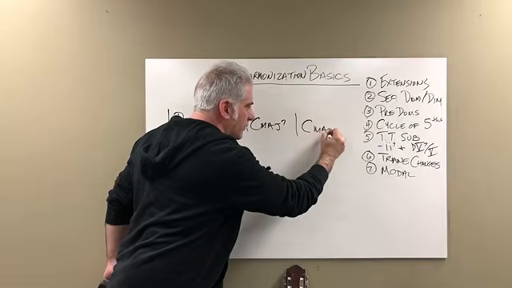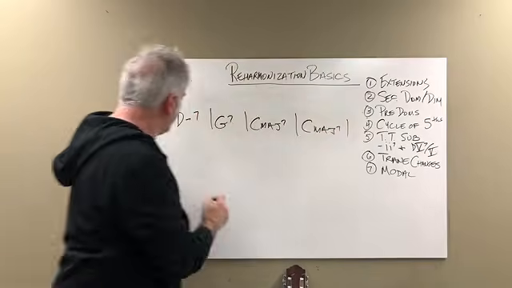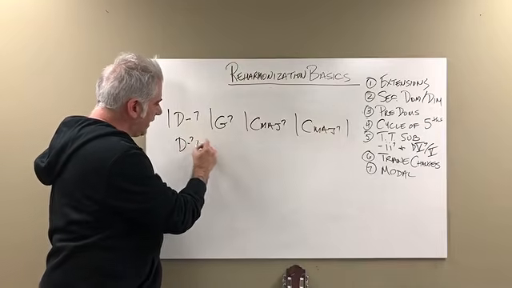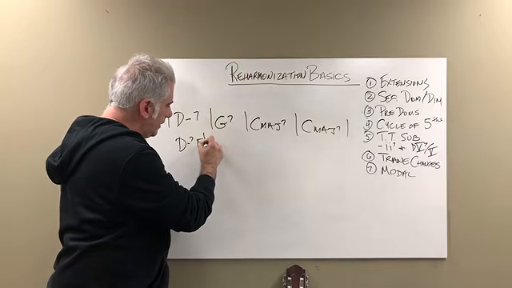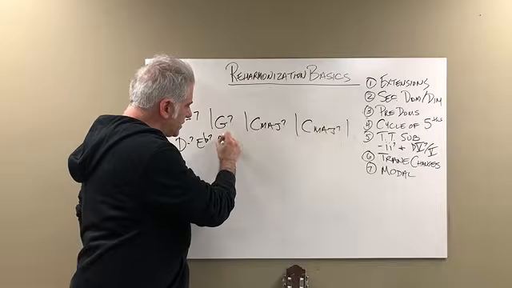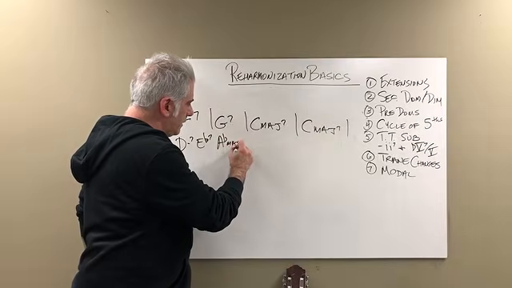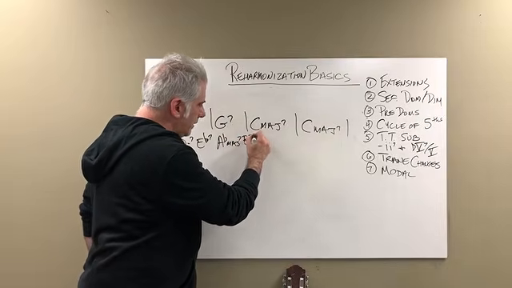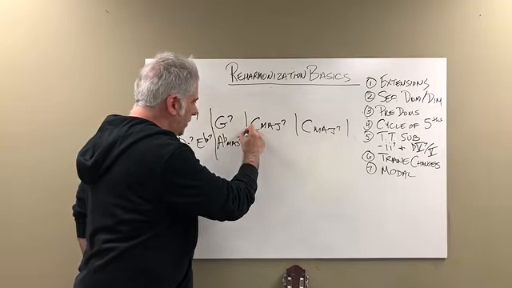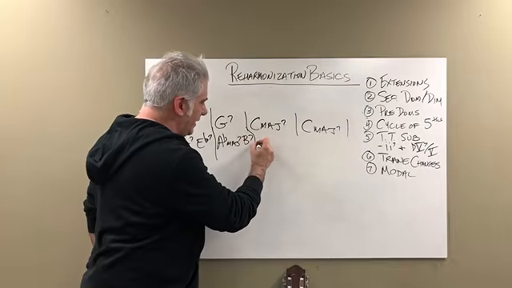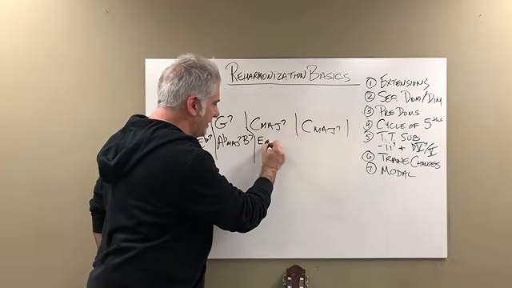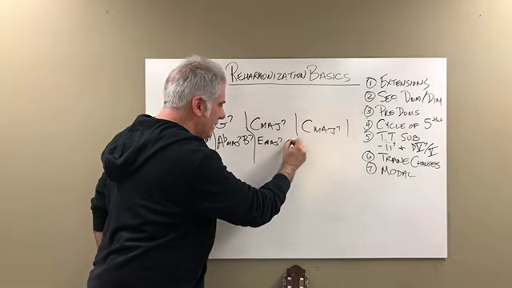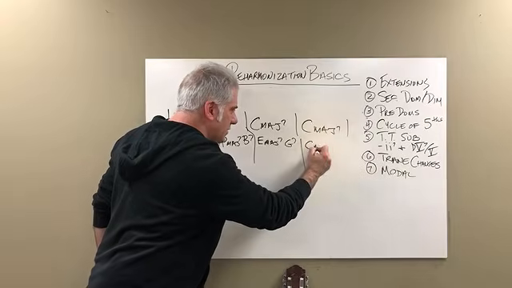Let's just do it like that so it's more obvious, okay? Then you go D minor 7, E flat 7, A flat major 7, B7. Let me extend my bars here. Oh, I hate that. E major 7, G7, C major 7.